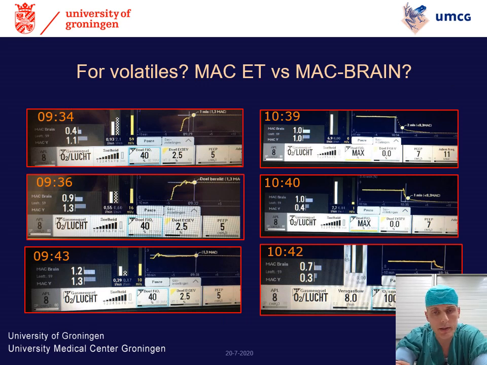The funny part is that even users of volatile agents start thinking about effect site concentration, because the advantage initially claimed by users of volatile agents versus intravenous anesthesia is that the end-tidal measured vapor pressure in volatile agent titration is an individually measured reflection of the plasma concentration. This is considered an advantage because in the intravenous world we can only use a population estimation of the plasma concentration and not a real measurement.